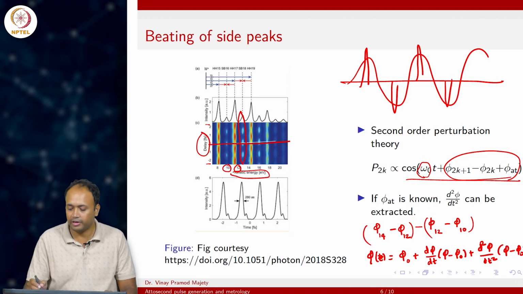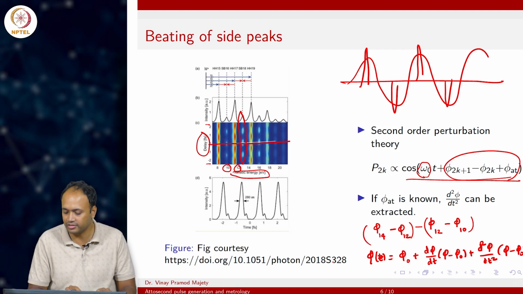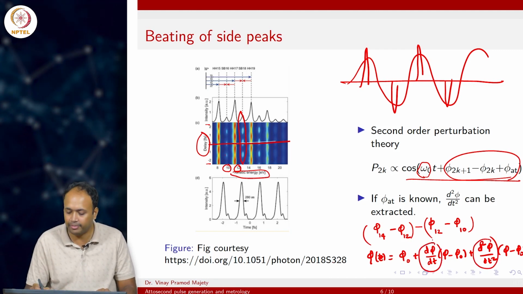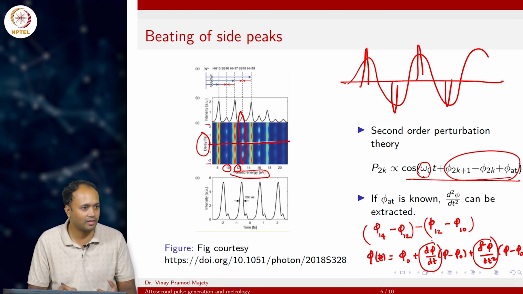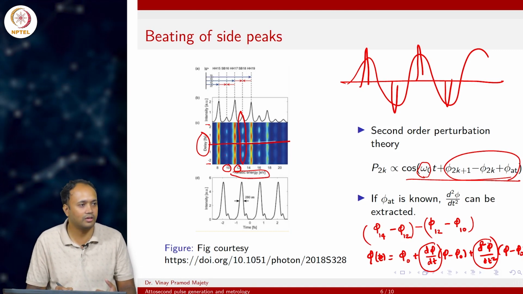So, what this particular approach where you have this two photon interference gives you is the second derivative, right. You already get d phi by dt from your photoelectron spectroscopy, you know what is omega, right. Now, you also want to know what is the second derivative, which will give you the linear chirp term.